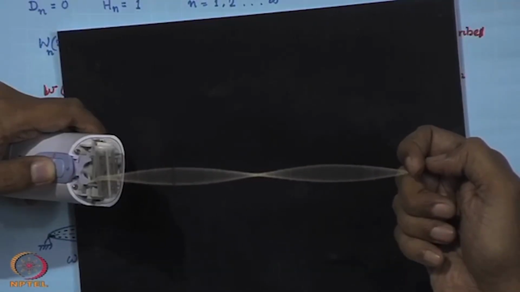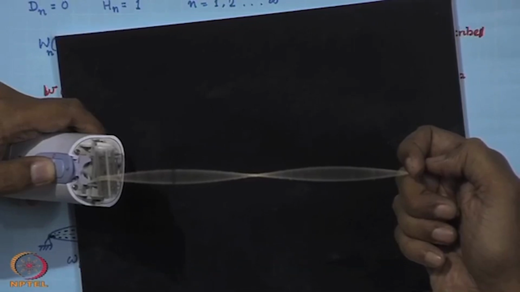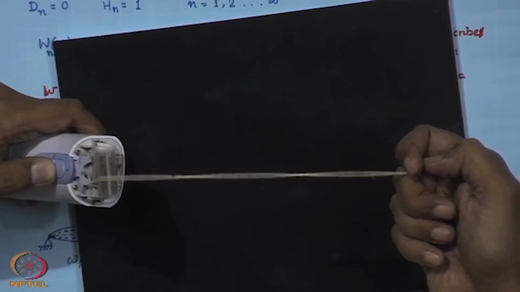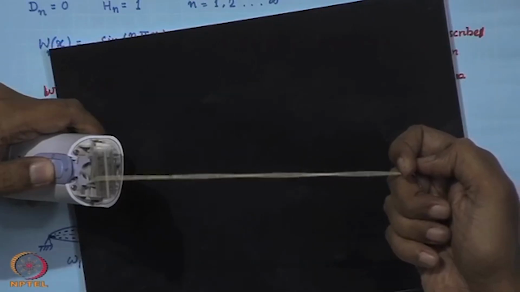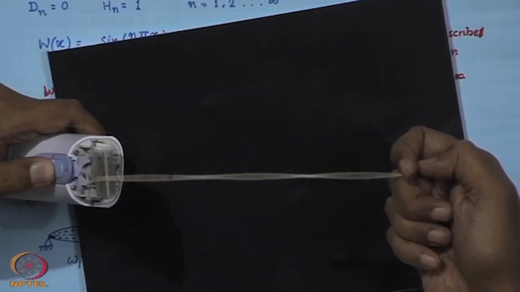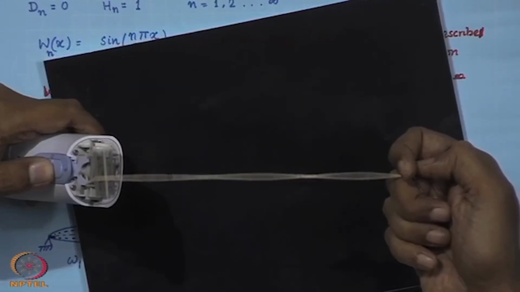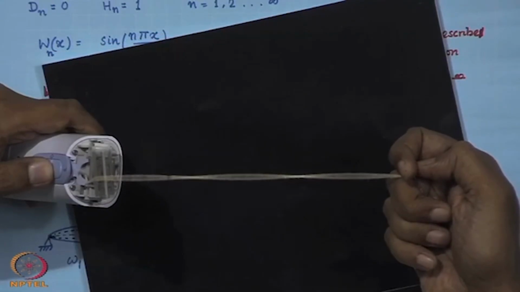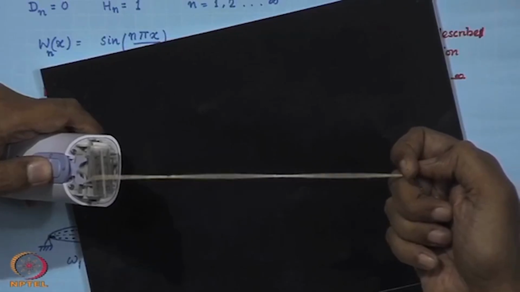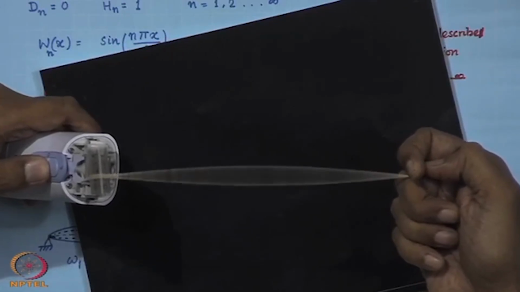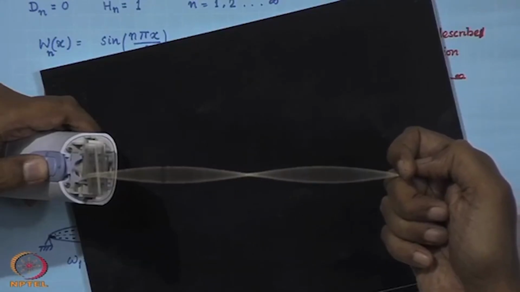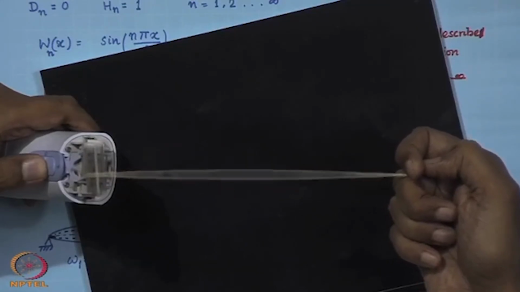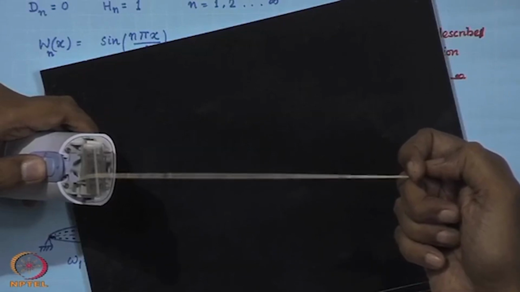So, this is the second mode of vibration of the string, and I may also try the third mode, which may not be visible very clearly because the amplitudes are so small, but the second mode is quite clear and the first mode as well.